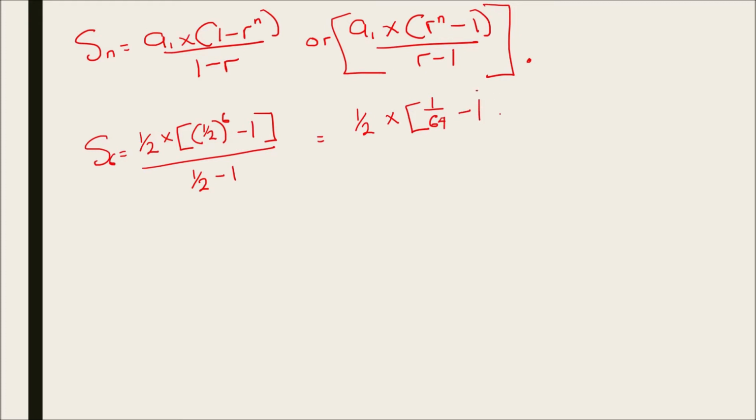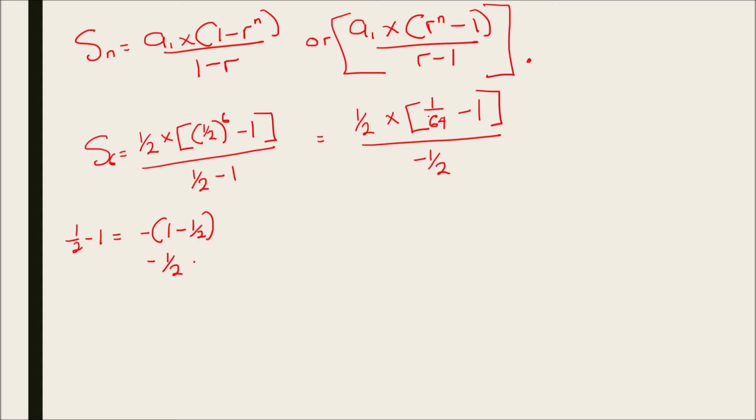Minus 1, over... now what's half minus 1? Simply tell yourself 1 minus half is half, and then you put a negative sign. So half minus 1 is the same as minus, 1 minus half, which is minus half. You can use that to make things easier.